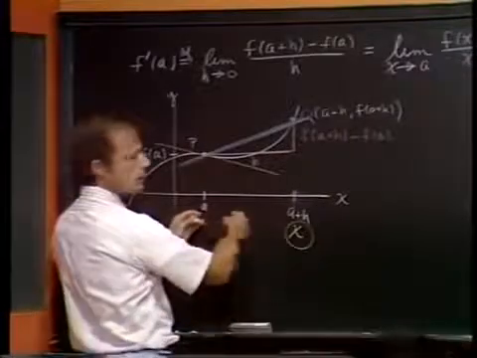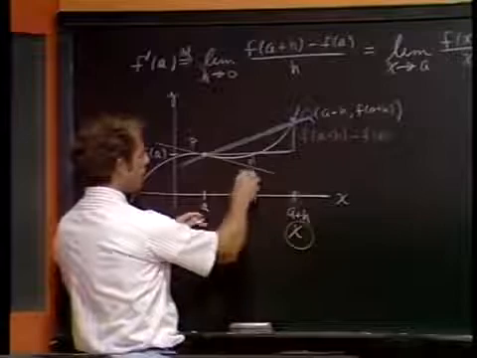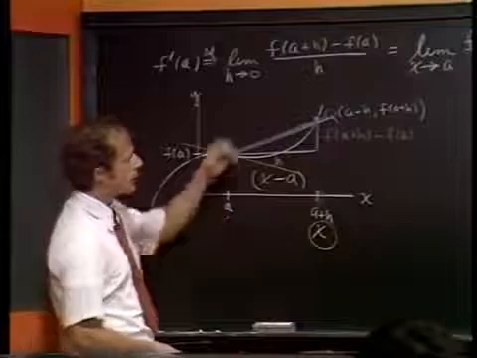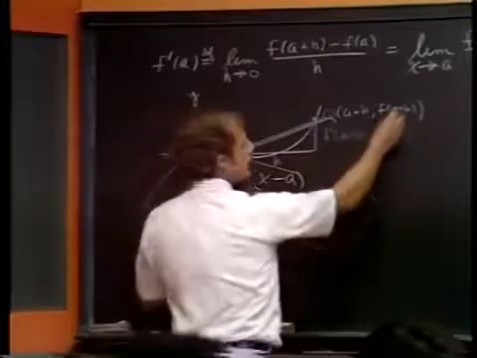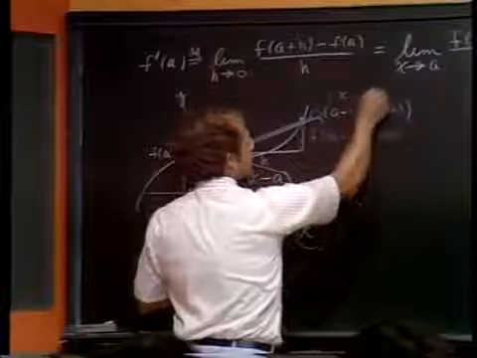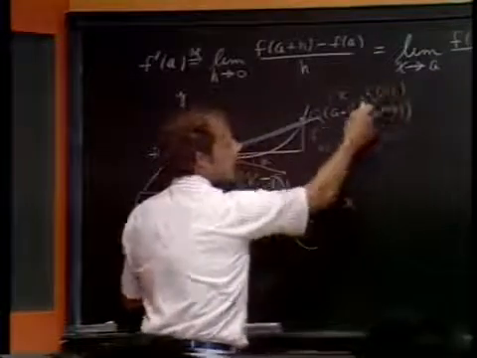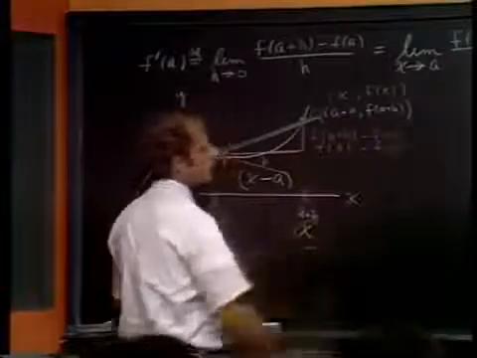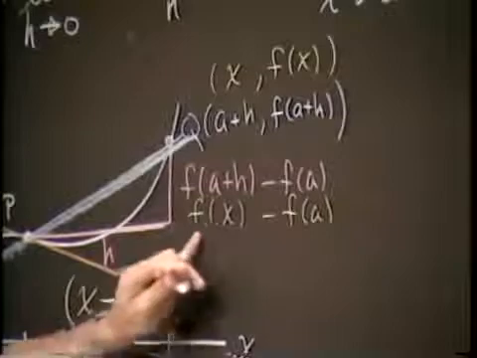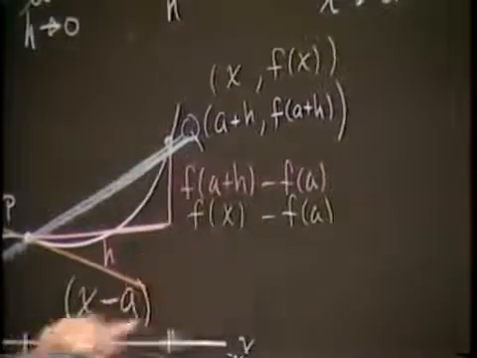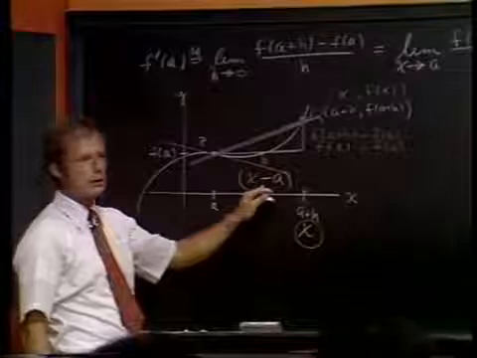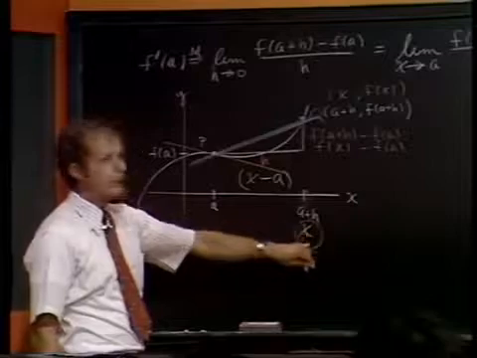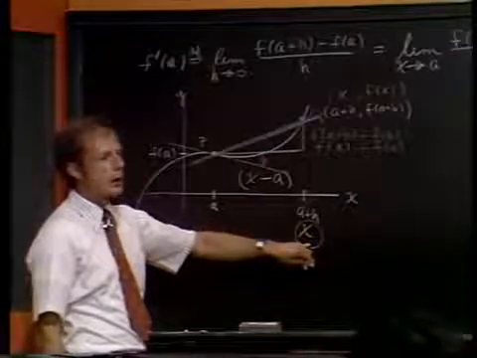So the difference in x coordinates is x minus a as opposed to h, and the difference in the y coordinates would be, since we're at x, f of x, Q's y coordinate, minus f of a. That's the same. So now the rise over the run is what you see in yellow, f of x minus f of a divided by x minus a. That's all there is to the so-called proof of the theorem. It's just another statement as to what you want the variable point x coordinate to be represented by.